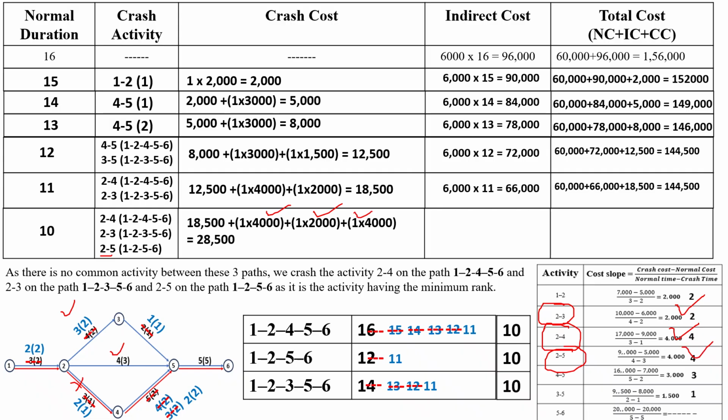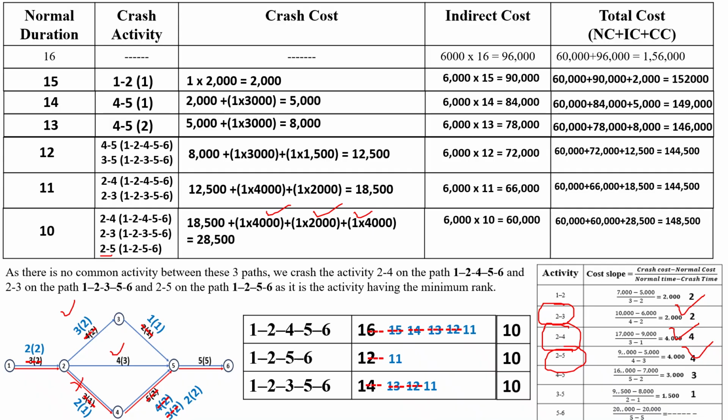Then crashing cost will become 18,500 plus 1 into 4000 plus 1 into 2000 plus 1 into 4000, it is 28,500. And indirect cost will become the overhead cost 6,000 into 10 days, it is 60,000.